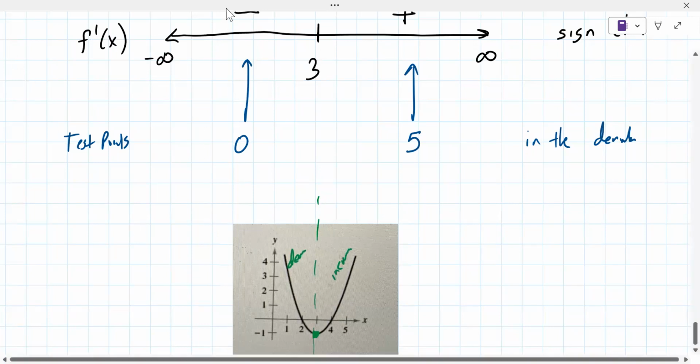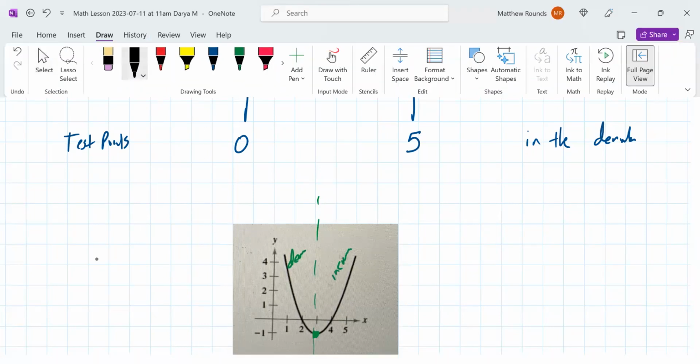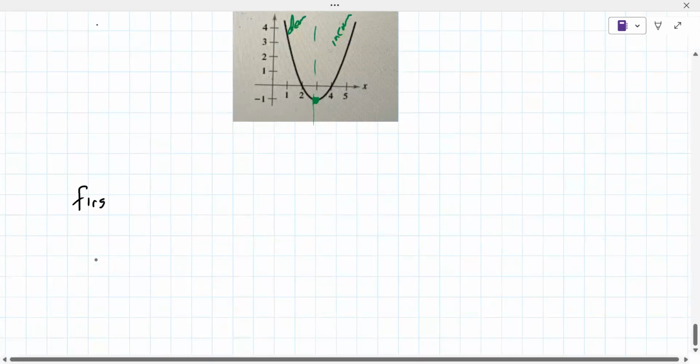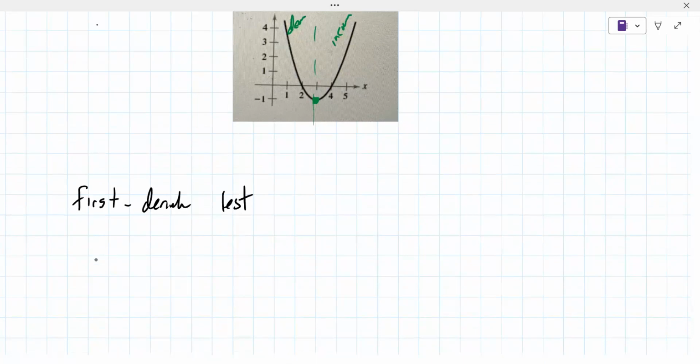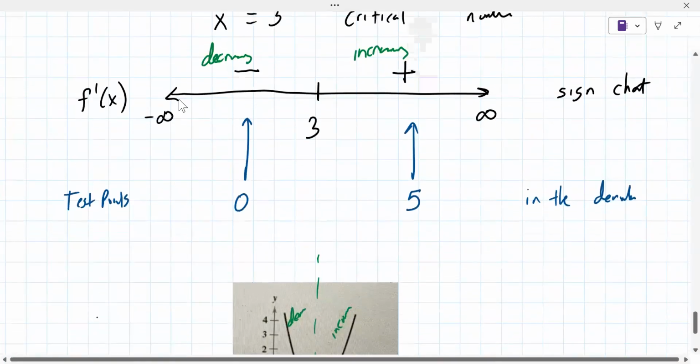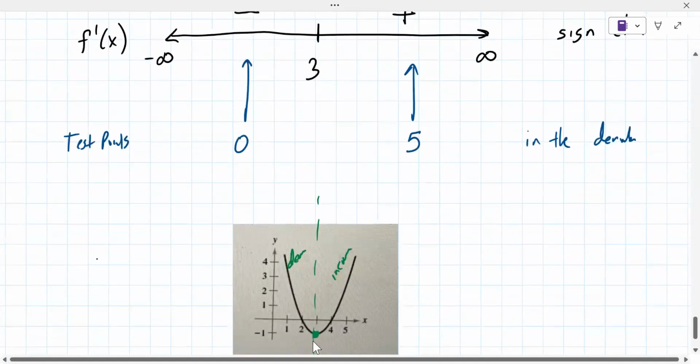Perfect. So there's some rules here also, and this is called the first derivative test, what we just did. If you go from minus to plus, that's a minimum. So notice that we went from decreasing to increasing. That's a minimum.